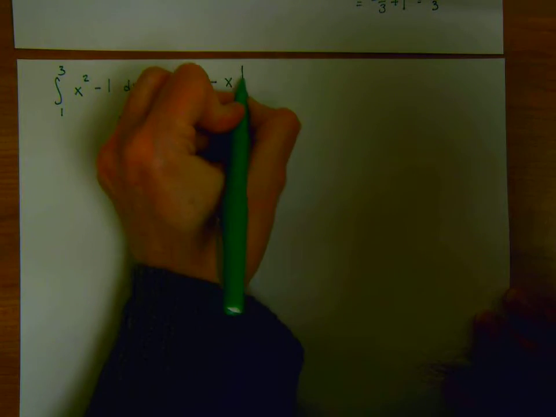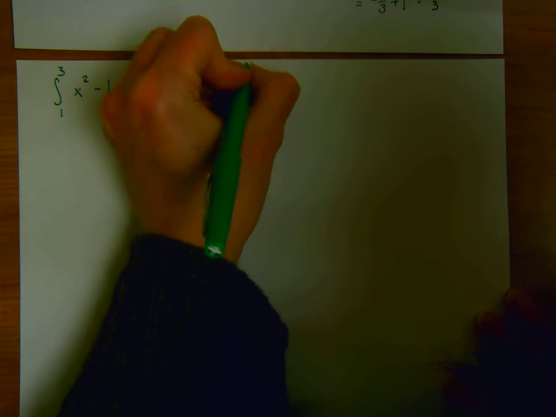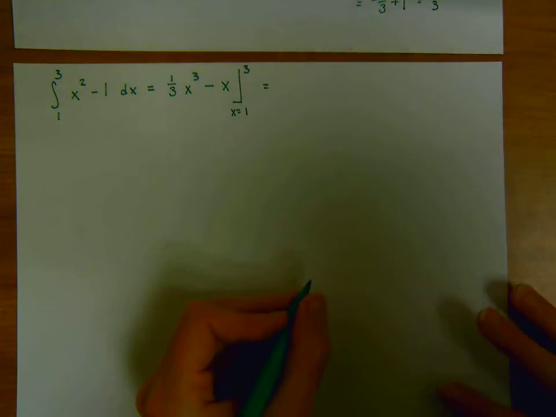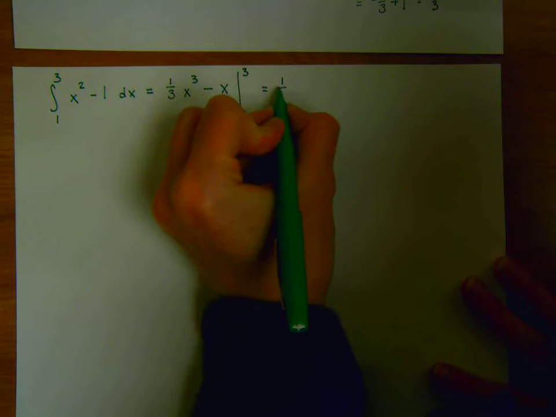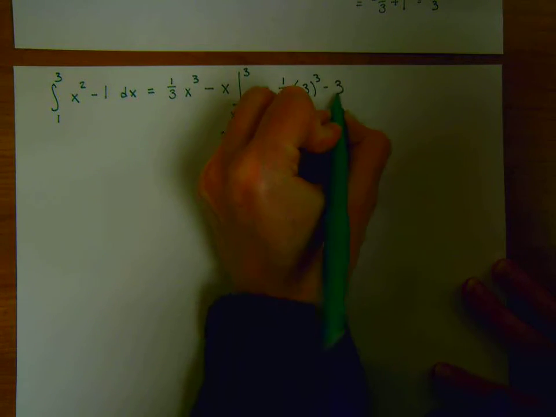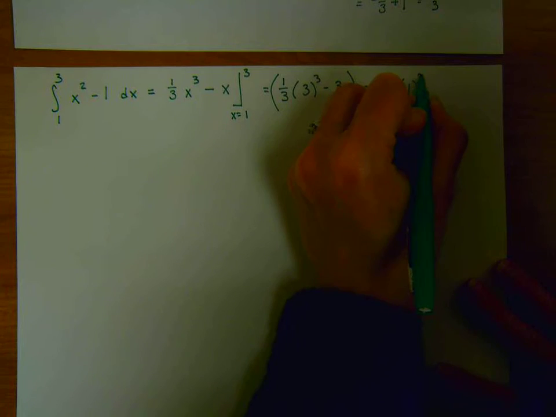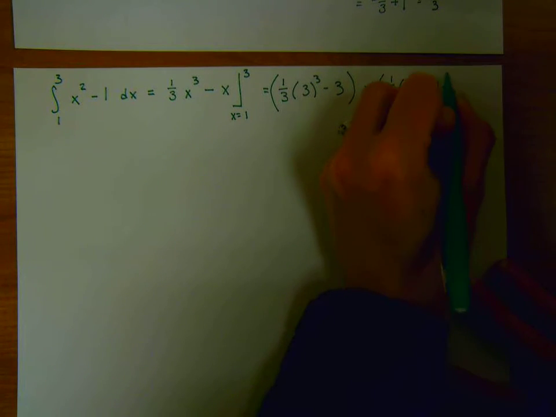And again, using that compact notation, this is going to go from an x value of 1 to an x value of 3. So my net change is going to be 1/3 of 3 cubed minus 3, minus 1/3 of 1 cubed minus 1.